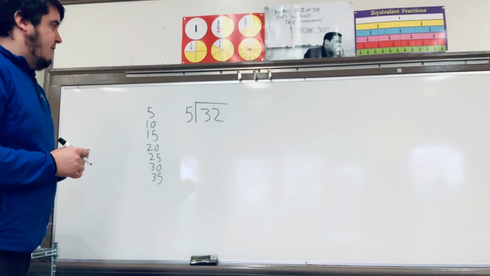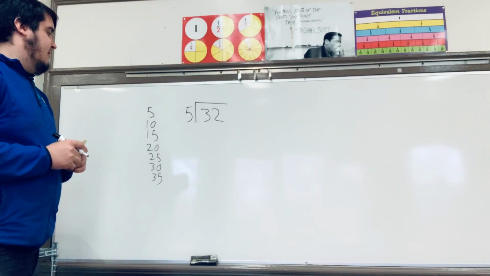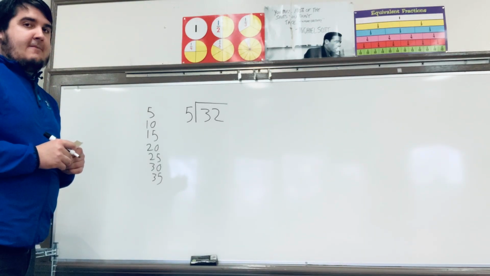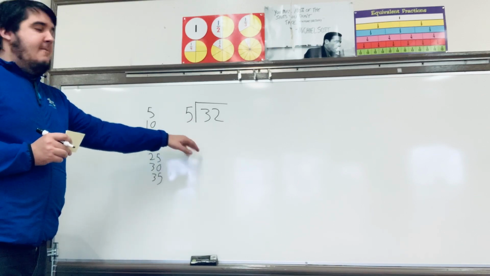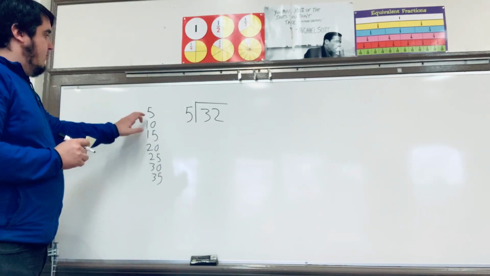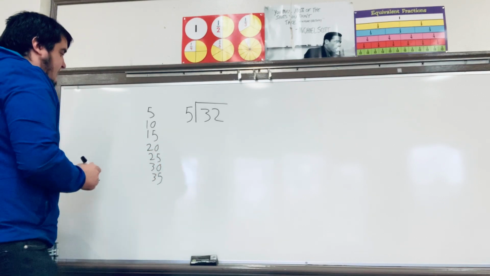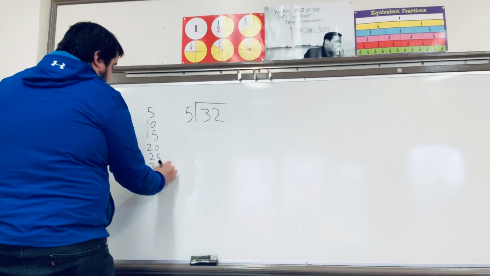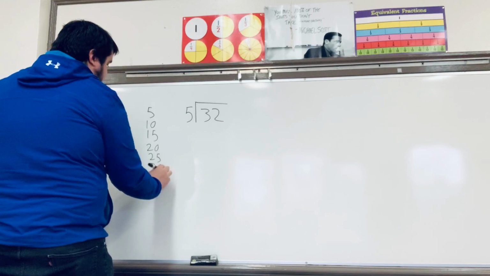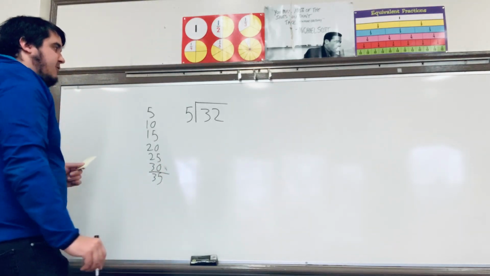Now I've gone over. So I need to see what's the biggest possible number that can fit into 32. So I go 1, 2, 3, 4, 5, 6. So it'd be 6 times, at 30, because that 35 is going to be too big.